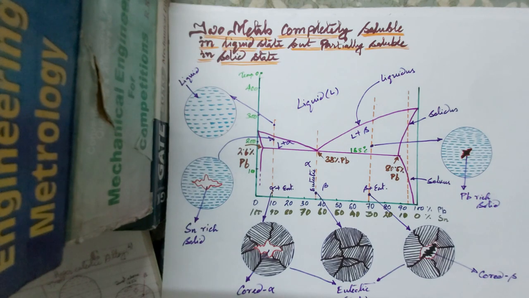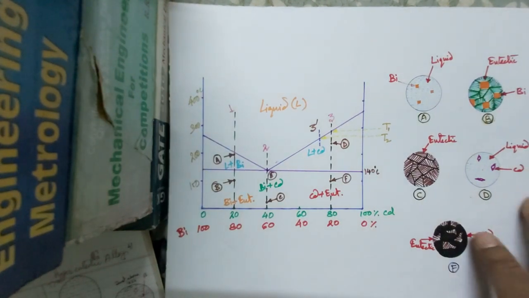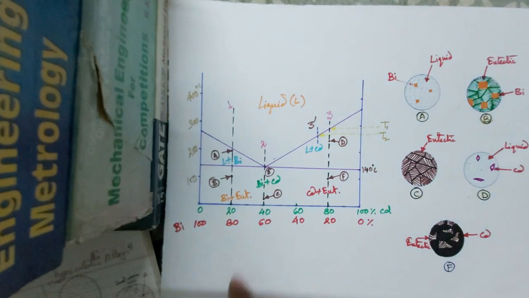But we have another kind of eutectic reaction where the solid phases are completely insoluble in solid state. This one here, the alpha and beta are totally insoluble in solid phase.